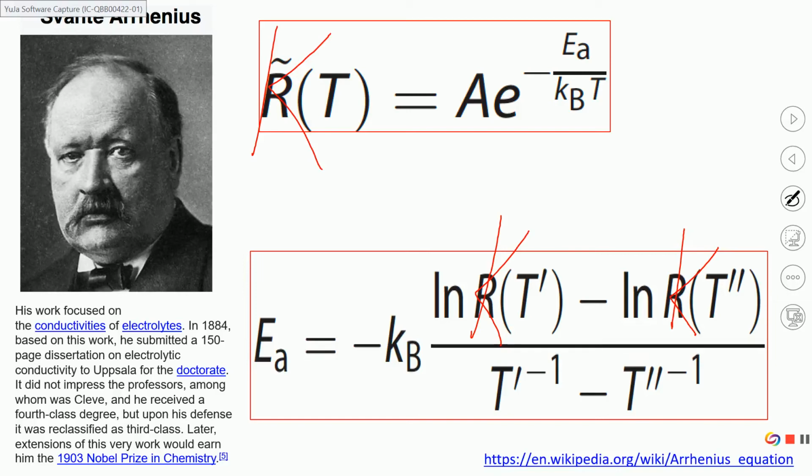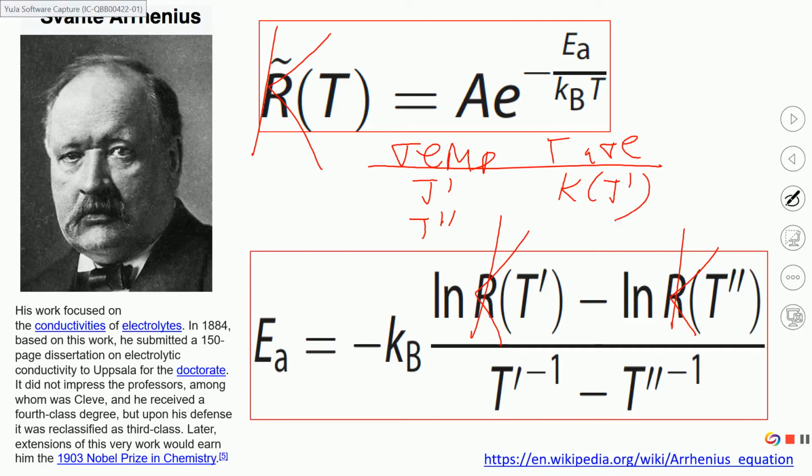So in the simplest case, the table is represented by 4 numbers: temperature T prime, T double prime, rate K T prime, K T double prime, right?